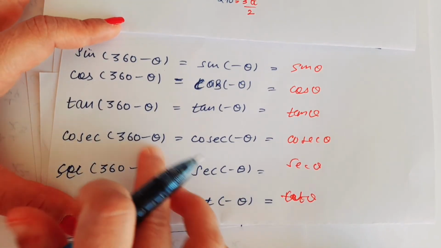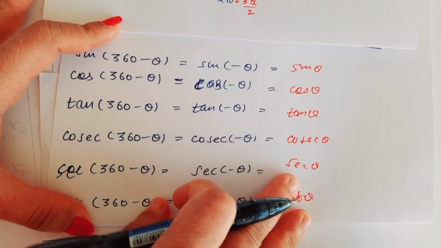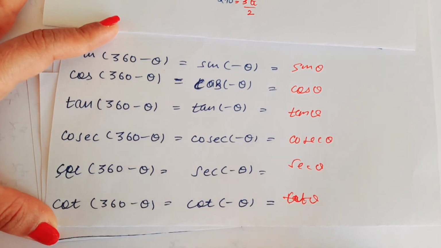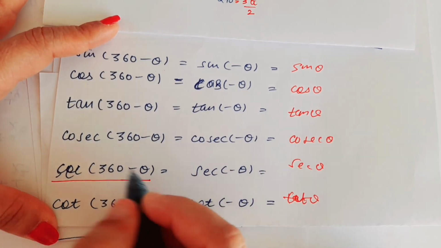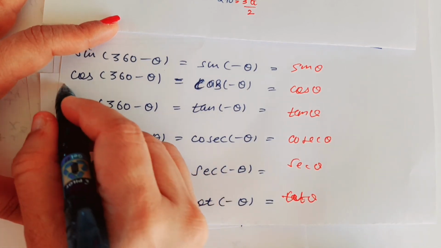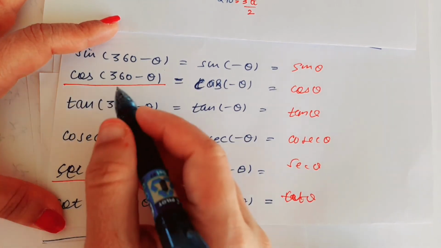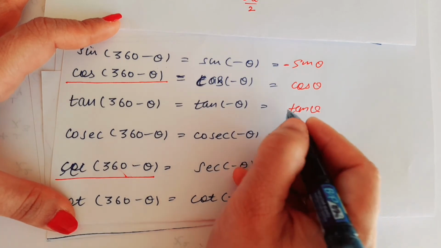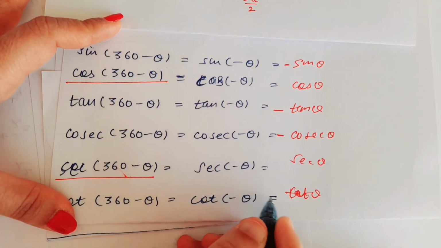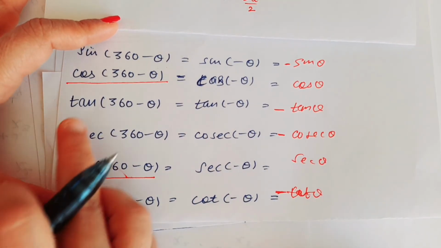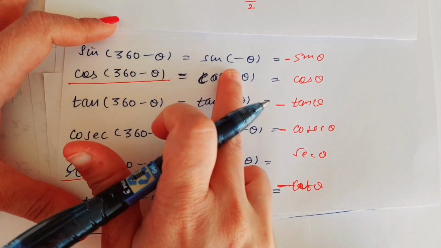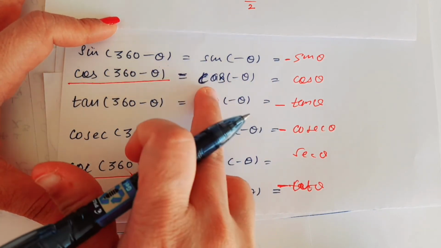Okay, so what will be the sign then? Now we know we are in the fourth quadrant, and in the fourth quadrant which are positive? Sec is positive and cos is positive. Only both of these are positive and the rest are negative. So now we know how to find sine of minus theta, cos of minus theta.